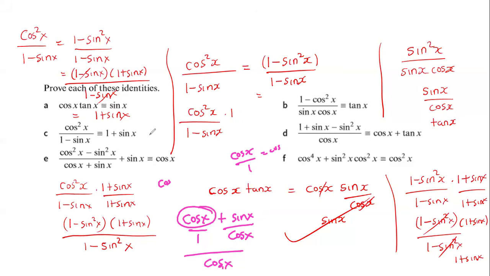Then the next step, that one comes from the rule that sine squared x plus cos squared x is 1. So where there is cos squared x, you make it the subject. Okay. Thank you, teacher.